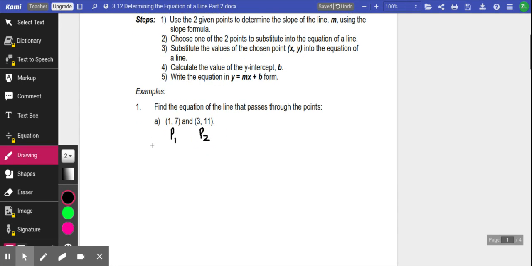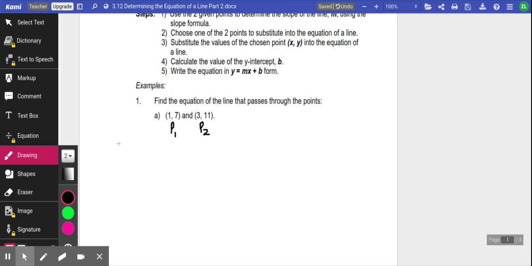All right. So if we want to substitute that into our equation, we know that m equals y2 minus y1 over x2 minus x1. And we know that, obviously, again, this being x and that being y.